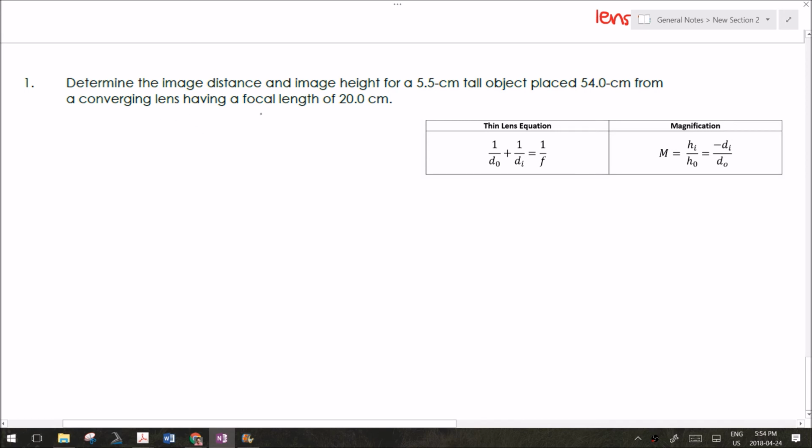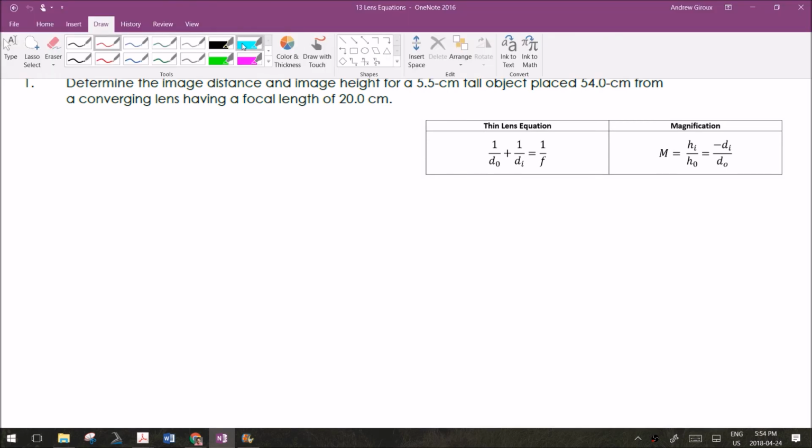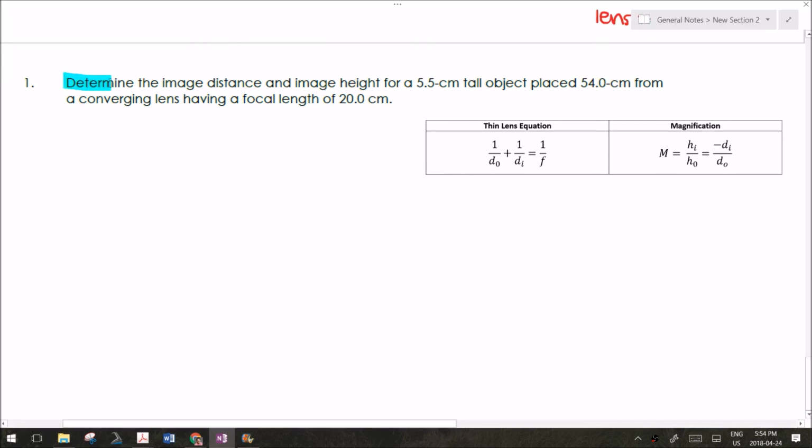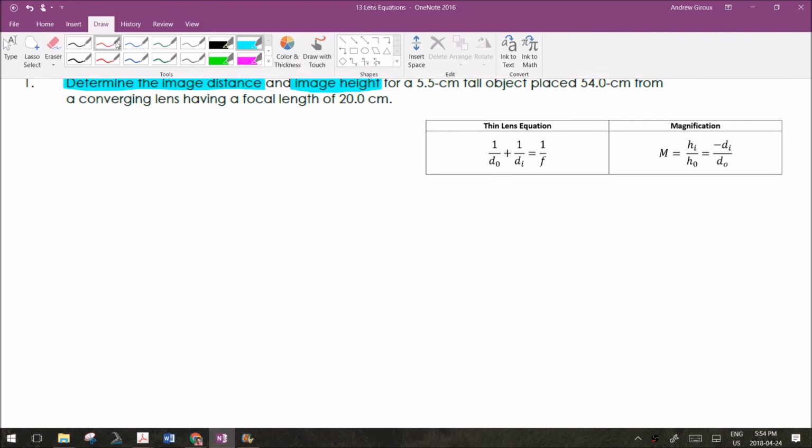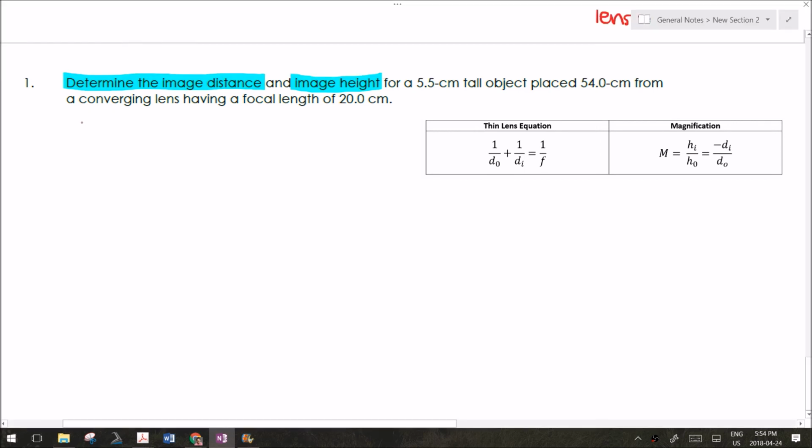So this is a lot more information than we had in the last example. So if we just focus on what we actually need to find, we need to determine the image distance and the image height. So we need two things to come out of this problem.